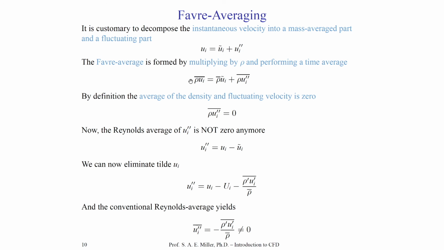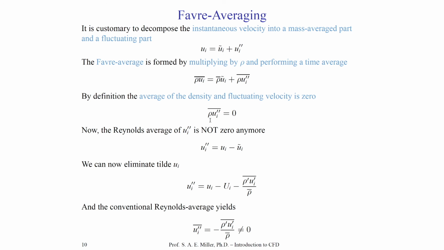The Favre averages are formed by multiplying by rho and performing a time average, which we just seen. And we can take this traditional Reynolds average and rewrite it as a summation of course, a Favre average and the density times, of course, its Favre average. Now, the averages of the density and fluctuating velocities are always 0. Why is this?